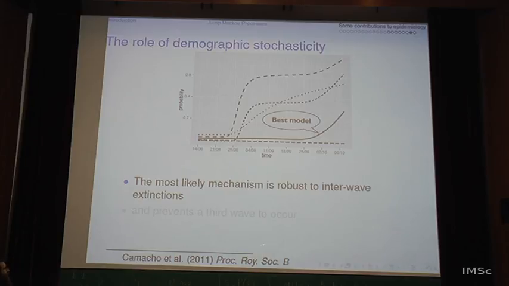But at the same time, the extinction probability increases at the end of the second wave, which means that you don't have a third wave. So this model is in good agreement with the data, and it's only with a stochastic model that you can separate all these. In this deterministic setting, the other models won't be able to measure that.